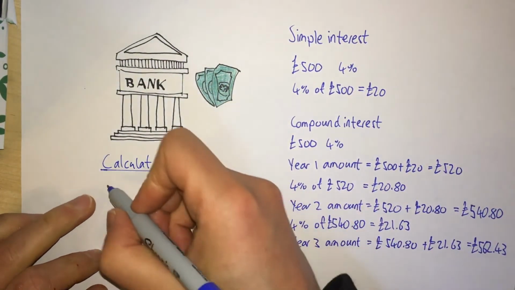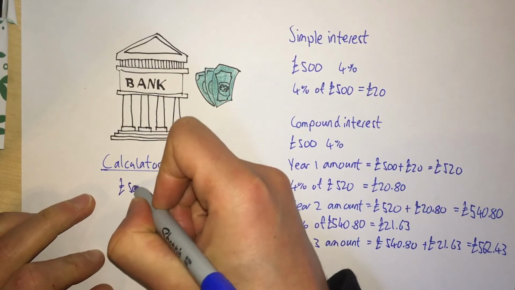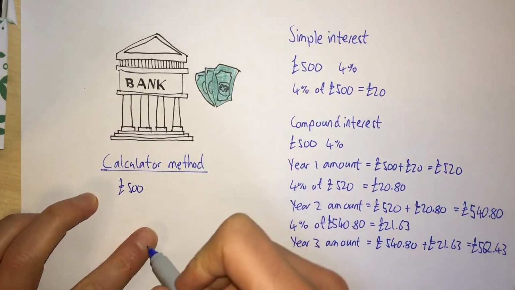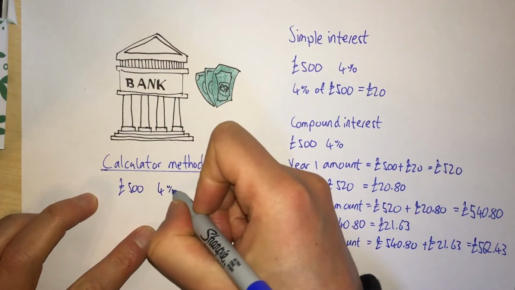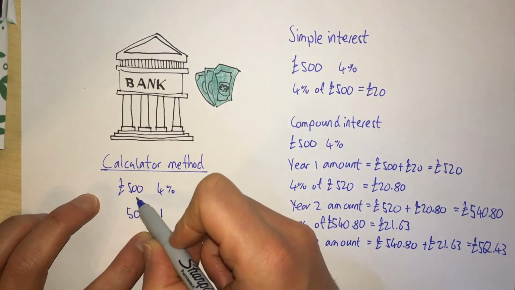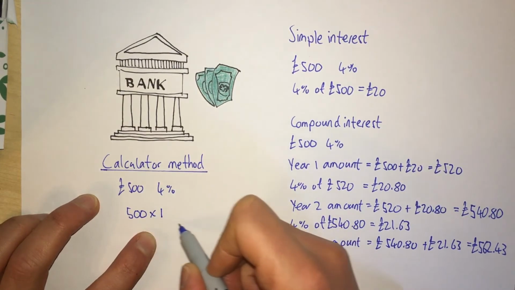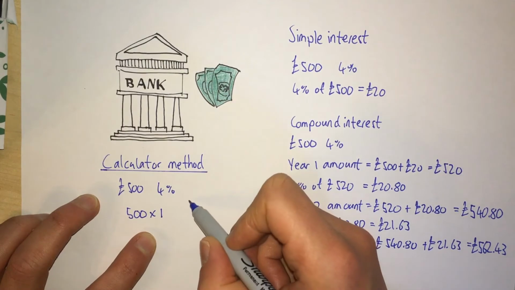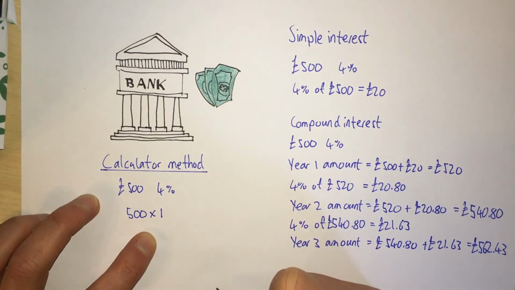Let's consider the person's earnings, £500, that they put into their bank account at an interest of 4% per annum. If we take the original amount they put in and multiply it by 1, the amount stays the same. It will be £500. Now we want to increase it by 4%.